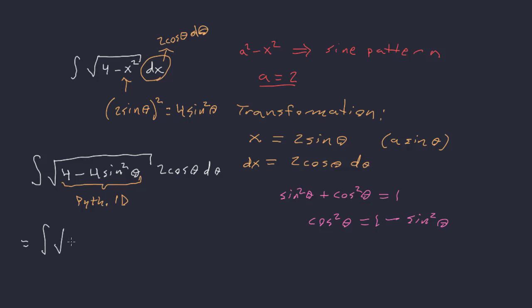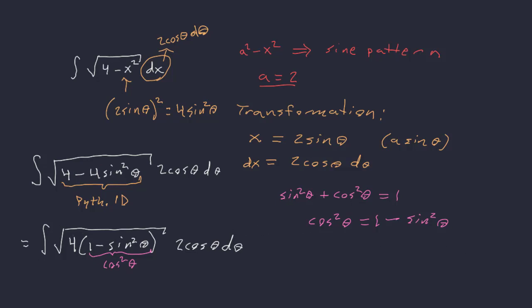Because if we factor out the 4, we'll get 4 times 1 minus sine squared theta, and then this 2 cosine theta d theta part fits in like normal. And then here, we can just put in the cosine squared. And then underneath the square root, we'll have two things multiplied together, and then we can just cancel out that square root.